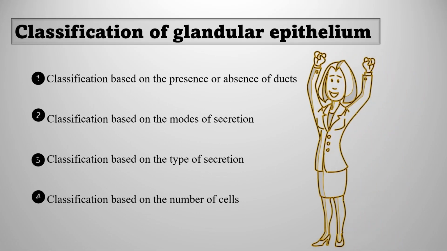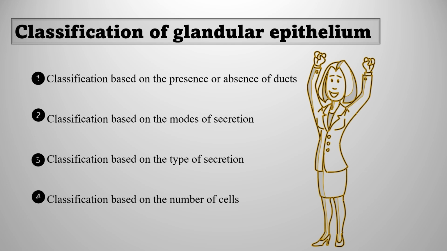How do we classify glandular epithelium? We have 4 types of classification, each one based on specific characteristics. The first type of classification is based on the presence or absence of ducts in the gland.